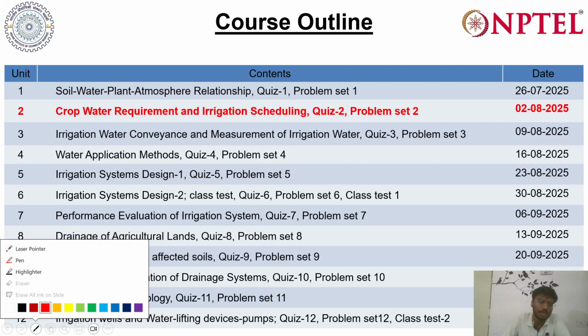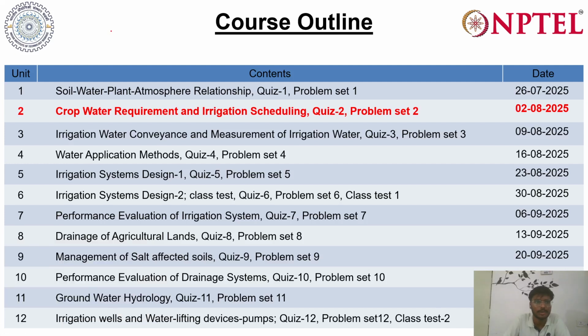How to measure it is very important, because based on that we plan our irrigation scheduling. Irrigation is fundamental, and we know there are various benefits of irrigation, but proper irrigation scheduling is required, and for that understanding of crop water requirement is important.